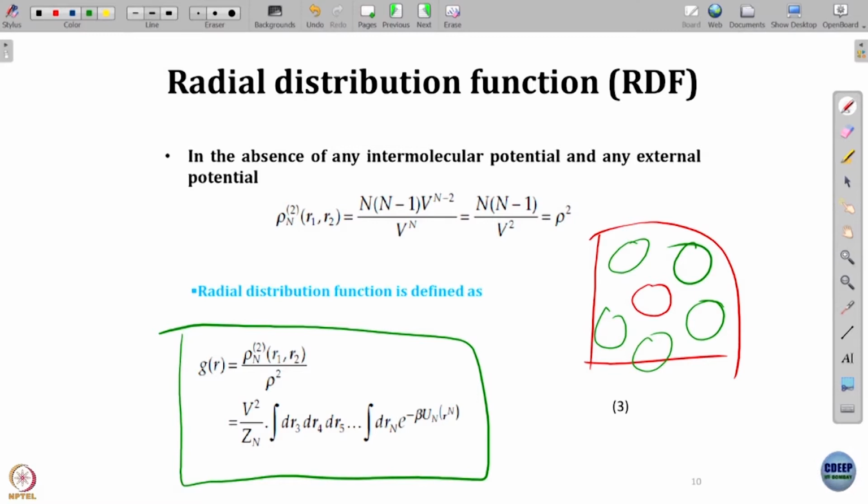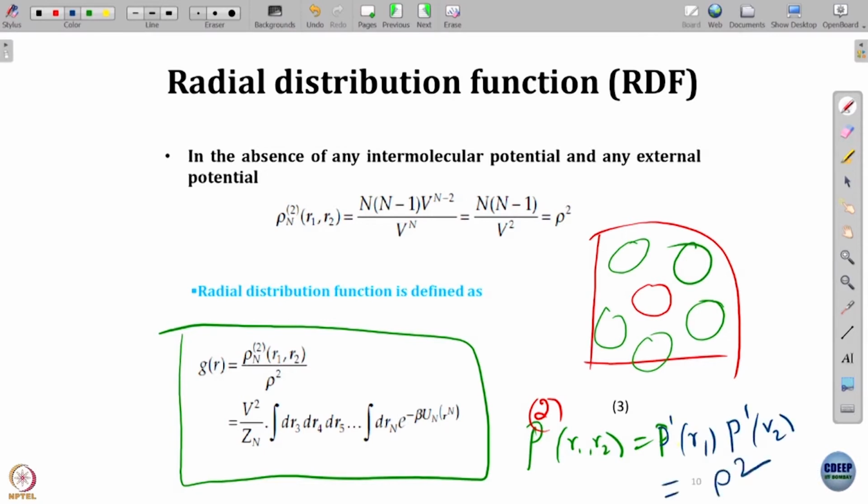Because if these probabilities are independent of each other, then P2(R1, R2) would be P1(R1) times P1(R2), and I just showed that in a homogeneous system this is nothing but the density. So P(R1, R2), if there is no correlation, will be just rho squared.